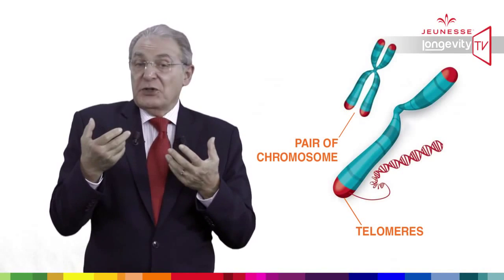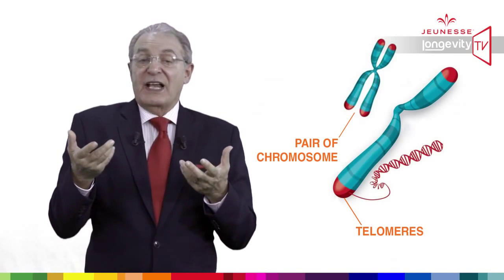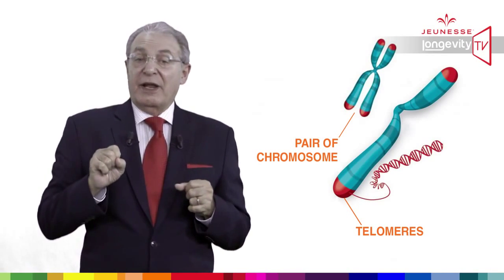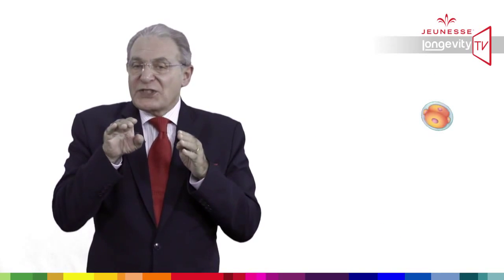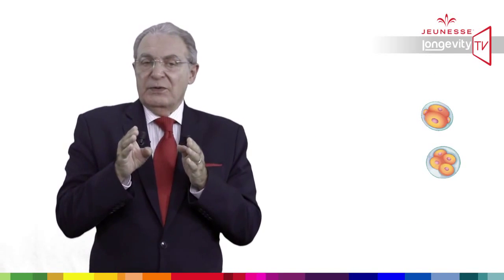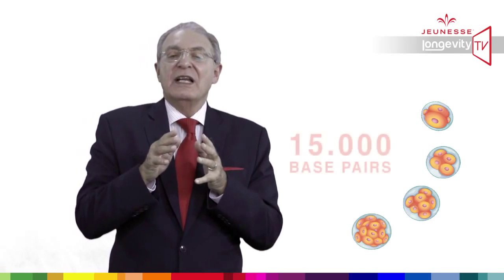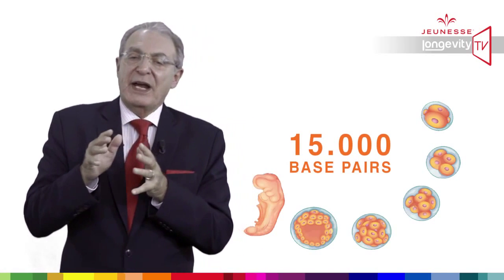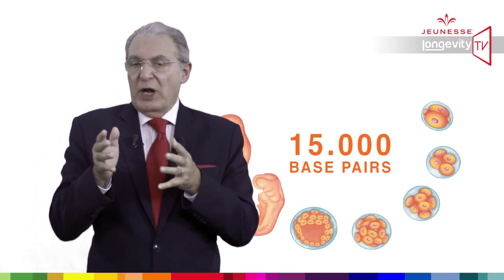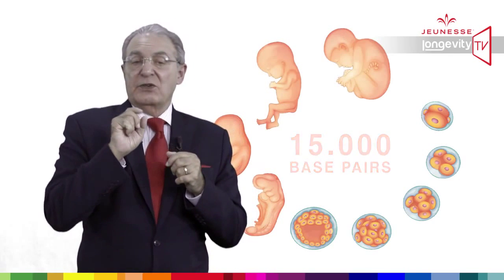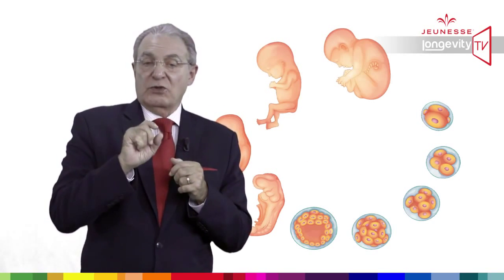Today, we can measure the biological age of cells by the length of the telomere. When we are conceived, the embryo has about 15,000 base pairs in its telomere. By the way, a base pair is a standard unit of measurement in the chromosome.